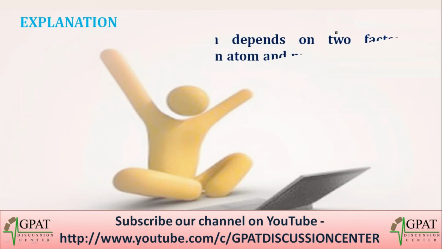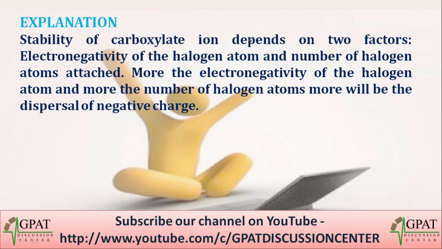So let's discuss in the explanation that the stability of carboxylate ion depends on two factors. Students, try to memorize that the stability of carboxylate ion depends on two factors: first is the electronegativity of the halogen atom, and second is the number of halogen atoms attached.